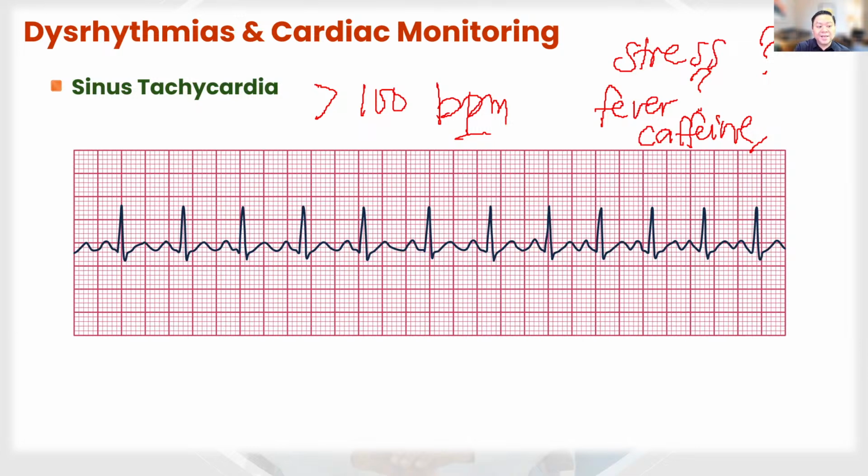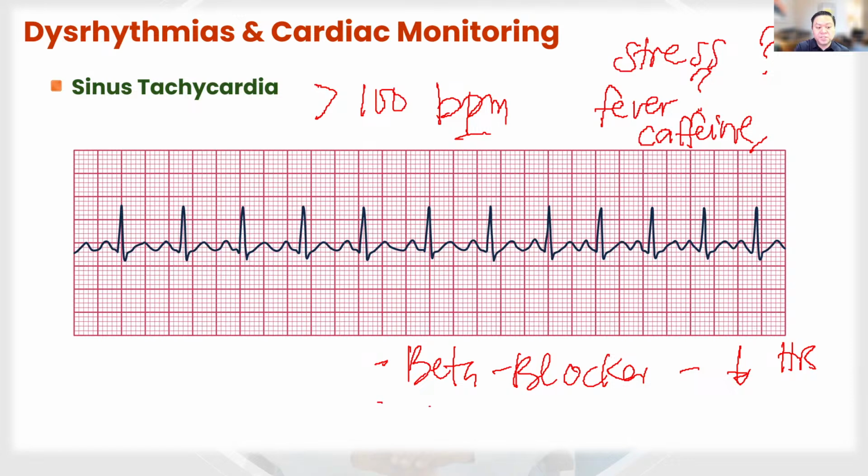Now, expect here, guys, that with a patient with sinus tachycardia, we're probably going to be medicating this patient with a beta blocker, metoprolol. This will slow down the heart rate, of course. Or we are going to administer a calcium channel blocker.